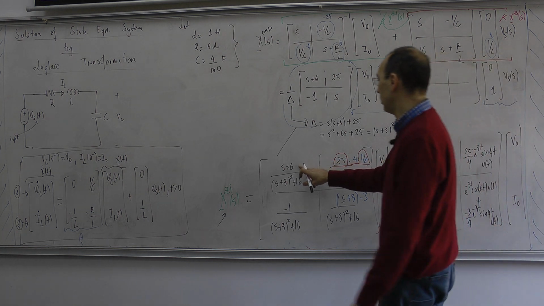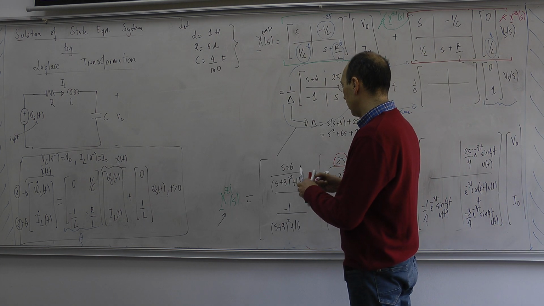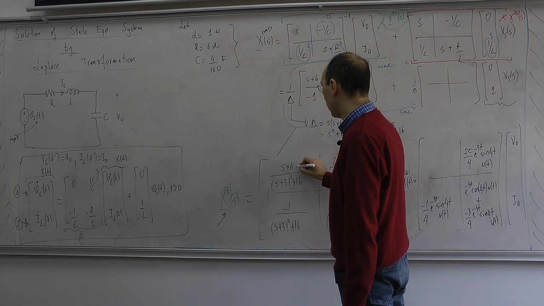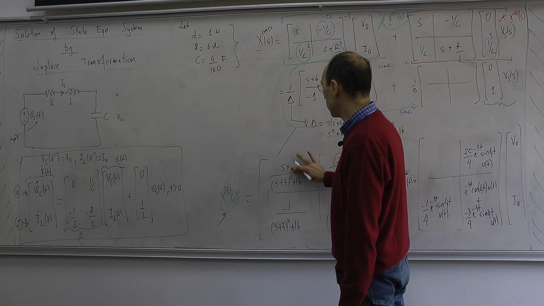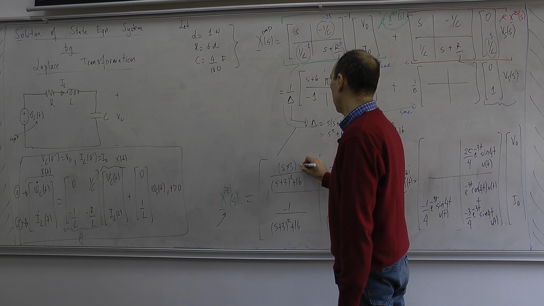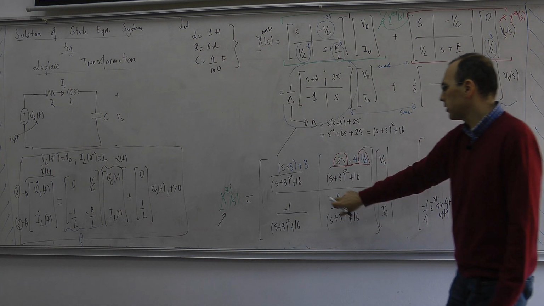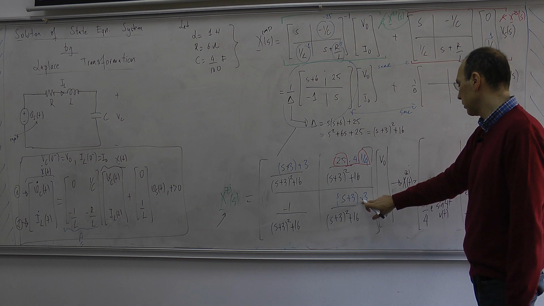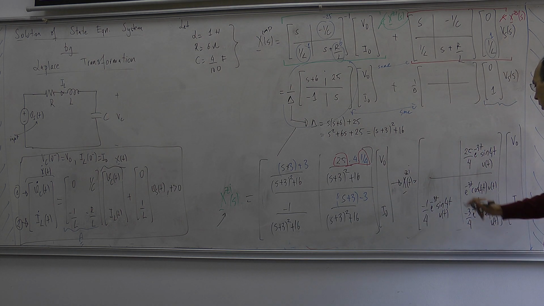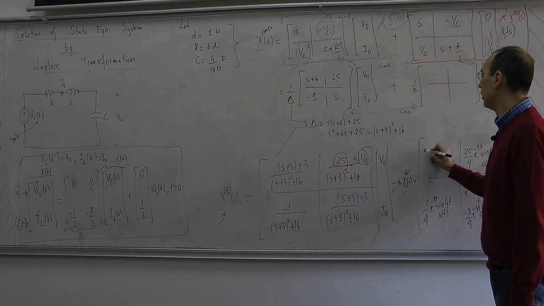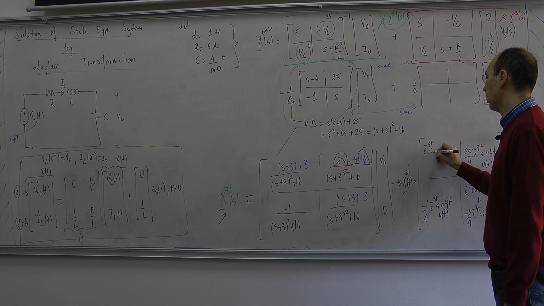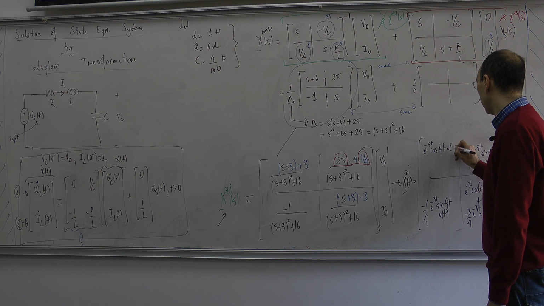How about this one? Let me write this 6 as 3 plus 3. So it's almost like this then, except this is with a different sign. So I copy it from here. E to the minus 3t. Of course, this is a simple calculation.